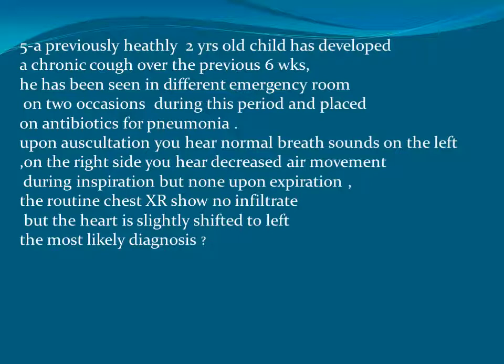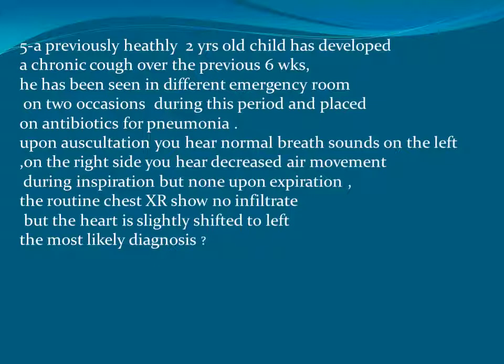Upon auscultation, you hear a normal breathing sound on the left side of the chest. On the right side, you hear decreased air movement during inspiration but not upon expiration. The routine chest X-ray shows no infiltration, but the heart is slightly shifted to the left. So, what are the most likely diagnoses?